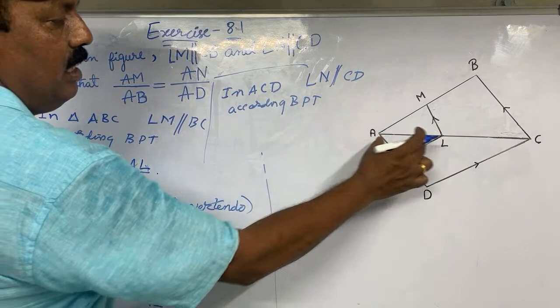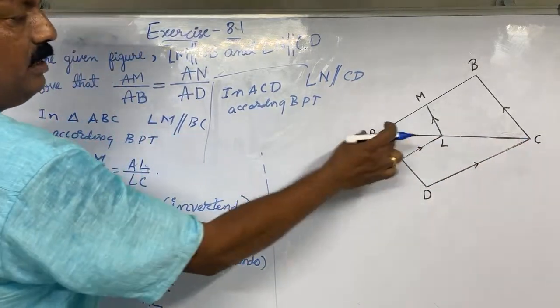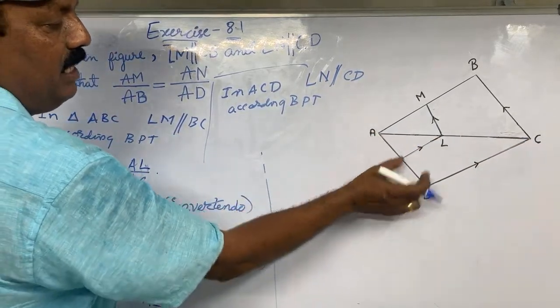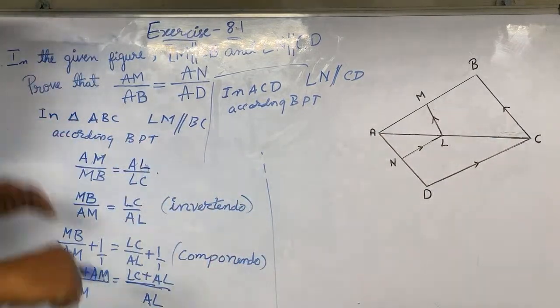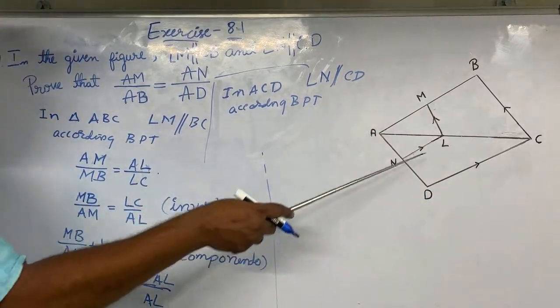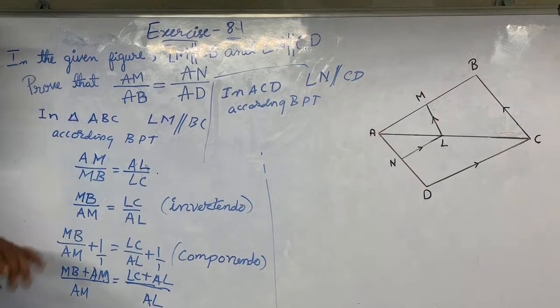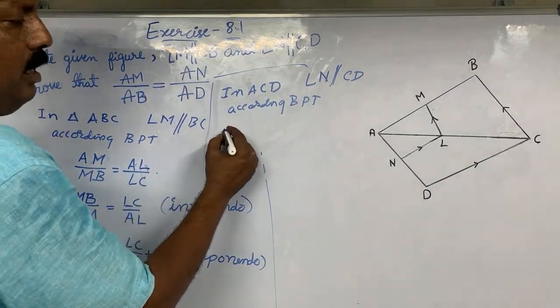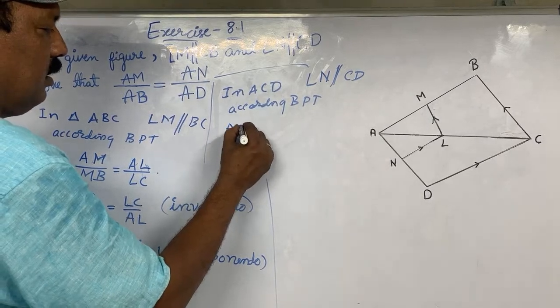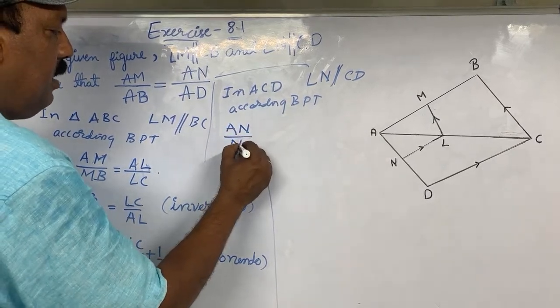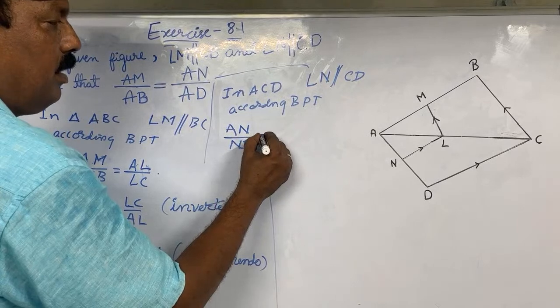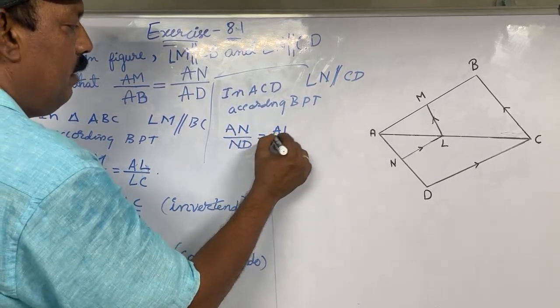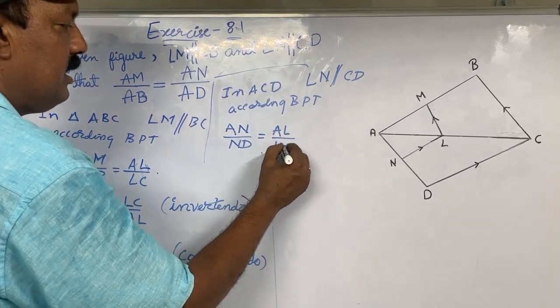AN by ND is equals to AL by LC. Why? Because CD is the base and LN is the line parallel to one side, intersecting the other two sides. So we get the basic proportionality ratio AN by ND is equals to AL by LC.